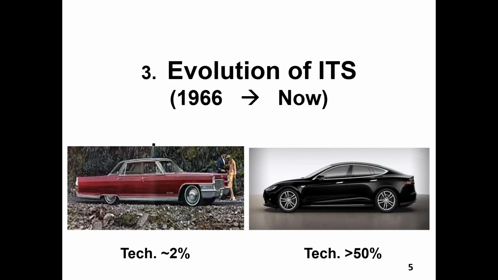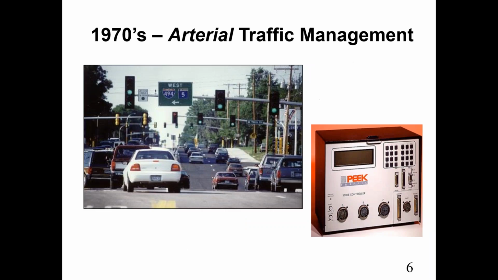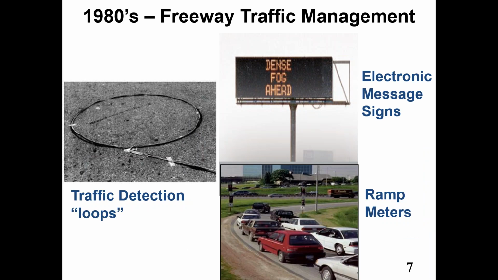Nowadays, by some estimates, more than 50% of the automobile is electronics, and some say software is the biggest piece of that. So moving over those 50 years, we evolved from these arterial tracks, the big thing, mostly hardware in the field. In the 80s, freeways came in, with more complex hardware, in increasing amounts.